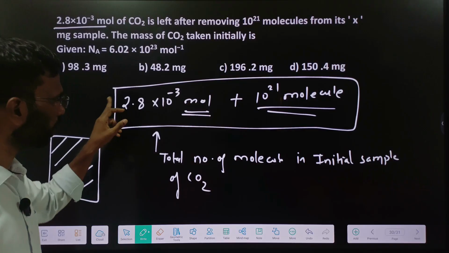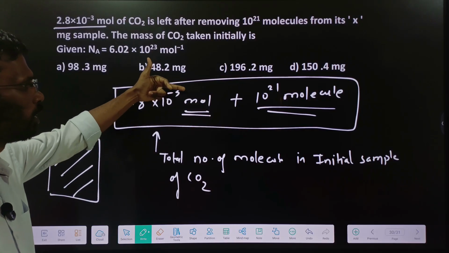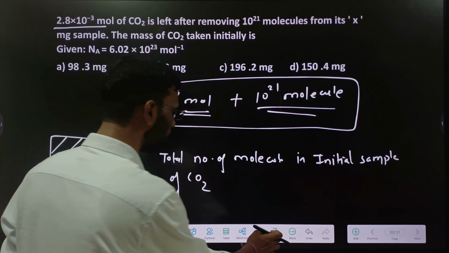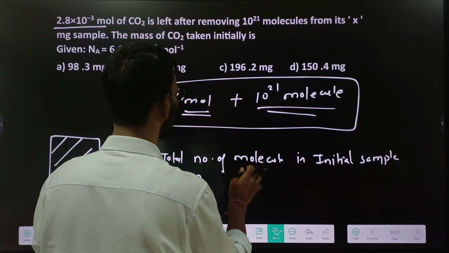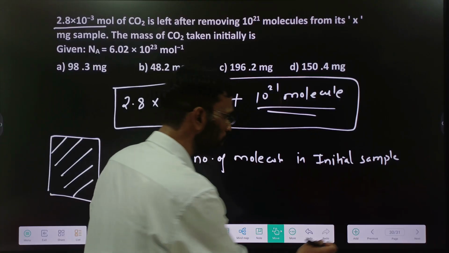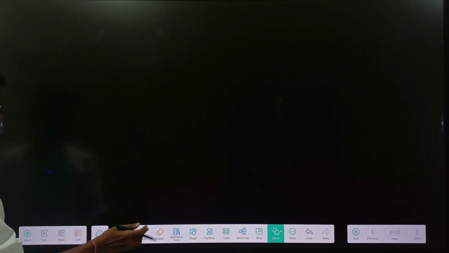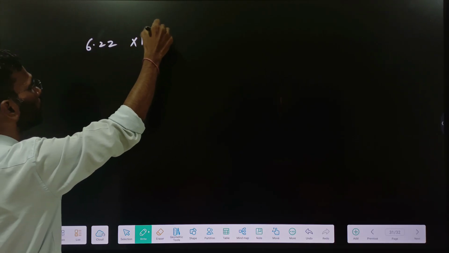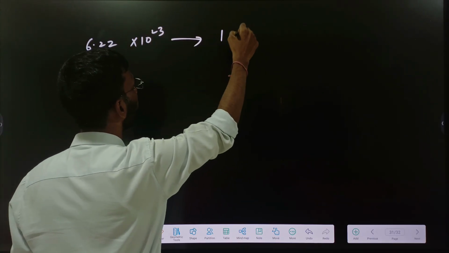One is given as 2.8 into 10 raised to minus 3 mole and the other is directly given as 10 raised to 21 molecules. This is already mole, I need to convert the other to moles. We know that 6.022 into 10 raised to 23 is equal to 1 mole.